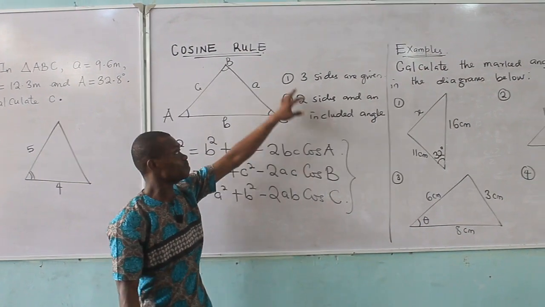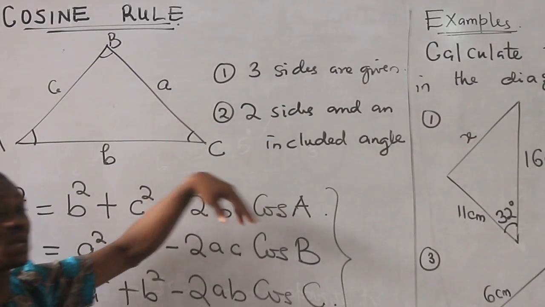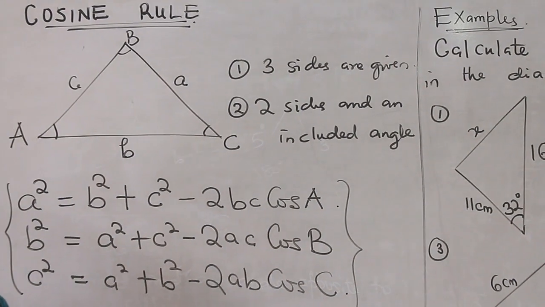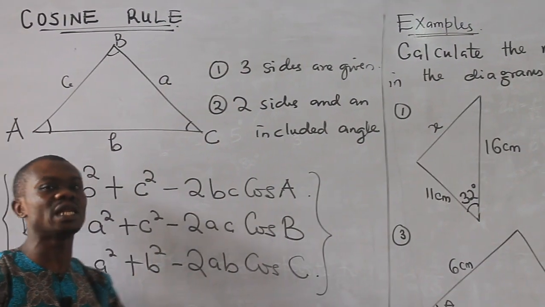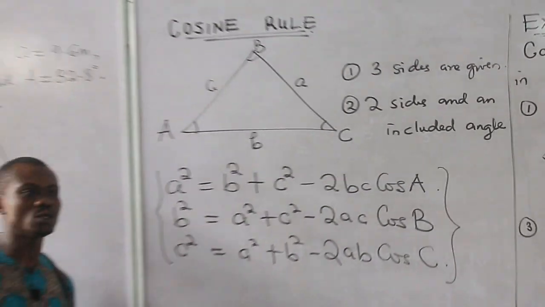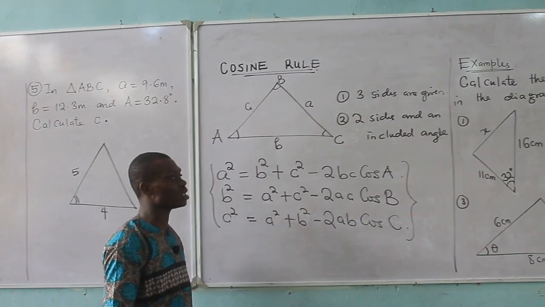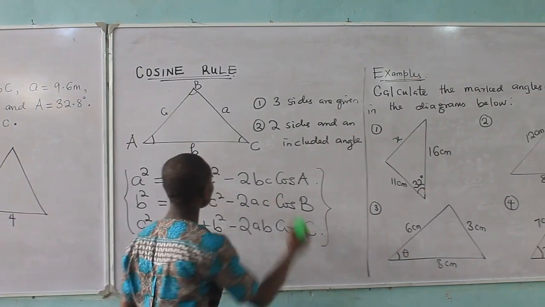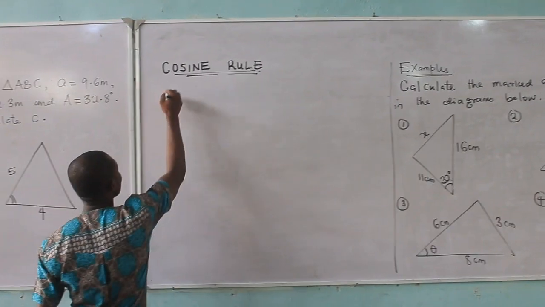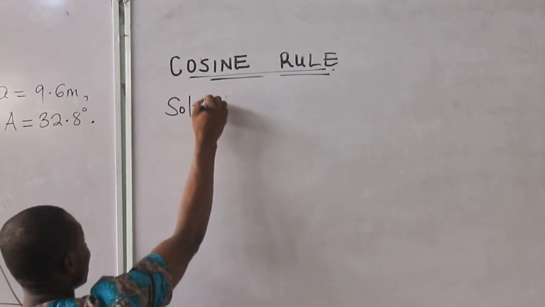So what is that? If you're given three sides and you're asked to find the three angles, cosine rule. If you're given any two sides and an included angle, then the cosine rule should be used. Alright, so quickly, let's look at the examples that we have below.